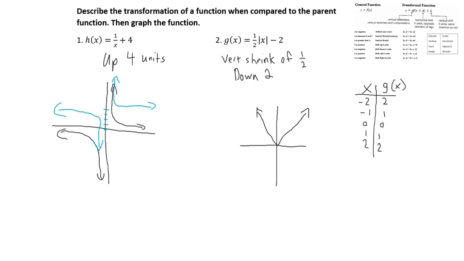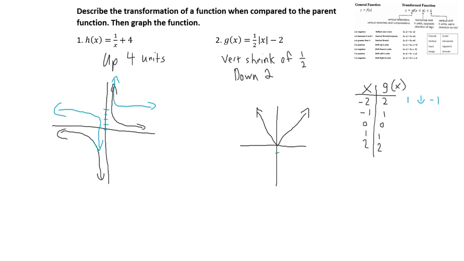Now when we are talking about a vertical compression or vertical shrink, as we apply the 1/2, this 2, half of that would be 1, but then we're also going down 2, so this would be at -1. So it's going up at a slower rate and at the same time down 2.